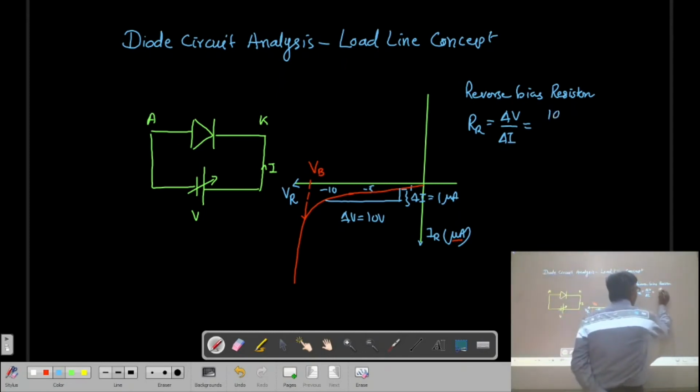Then this is 10 divided by 1 into 10 raised to minus 6. So the resistance of this diode will be 10 mega ohm.